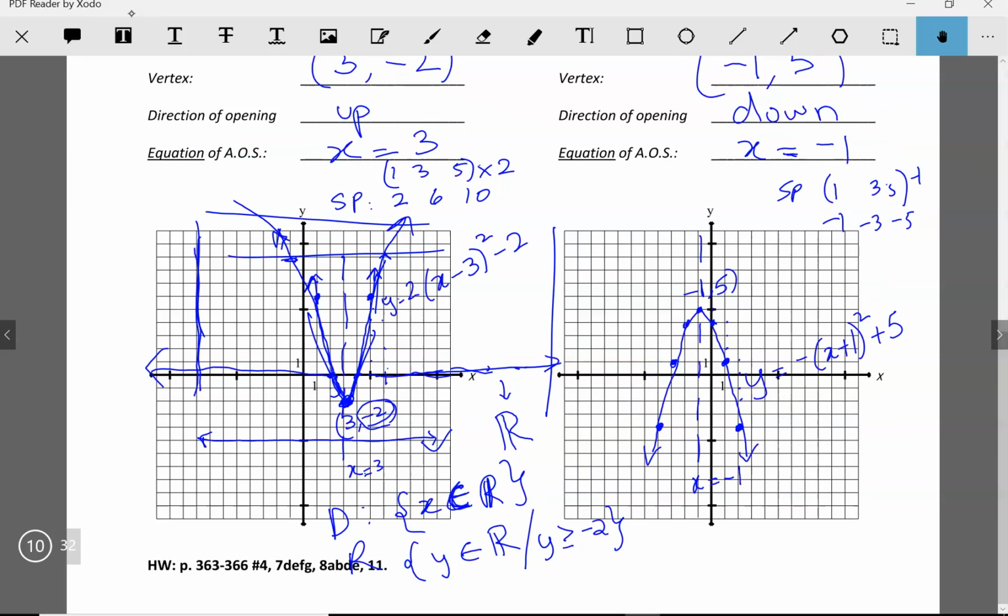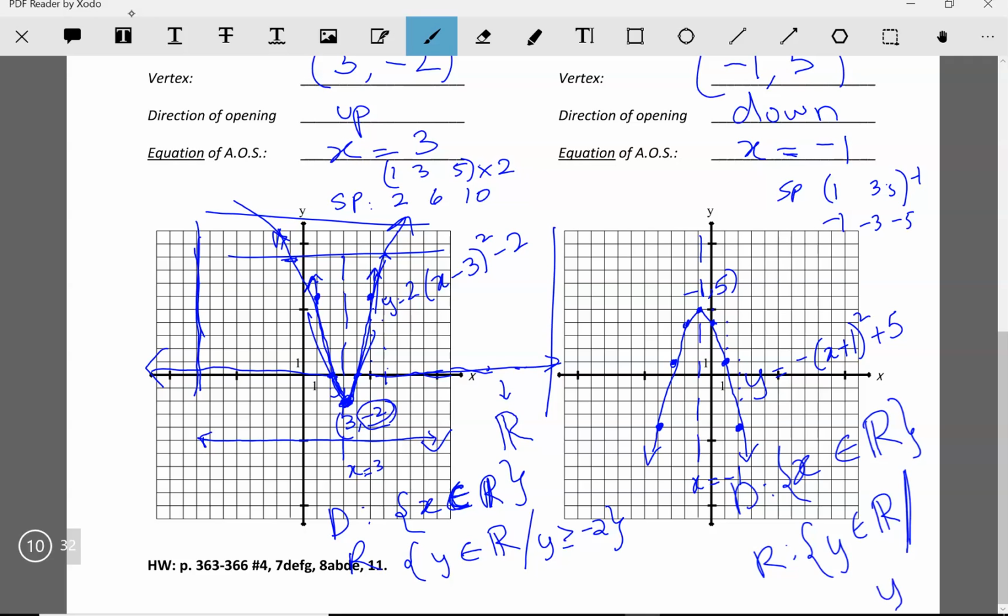In the same way, for a parabola, our domain is always x element of real numbers, and our range is y element of real numbers, with the caveat, or you put a bar and say with the restriction, that y has to be lesser than or equal to 5 in this case, because now I have a maximum value of 5.